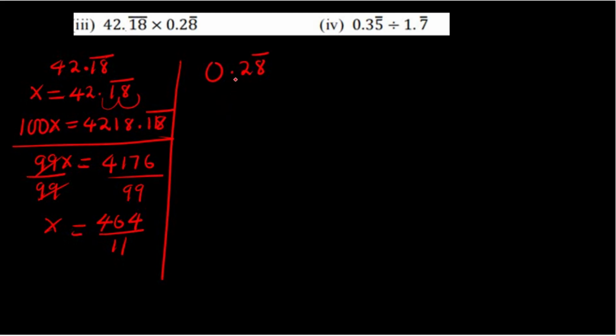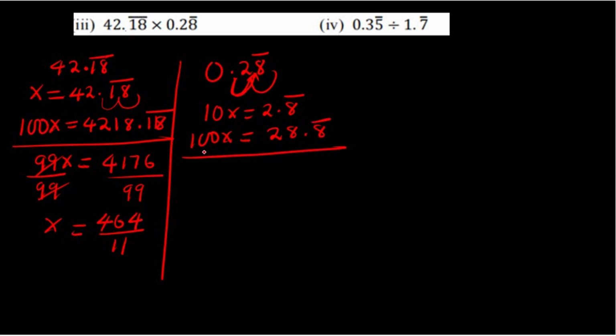What is repeating is 8. So what are you supposed to do in equation 1? We need to move this point to in front of the number that is repeating. So we have just moved 1. So it will be 10x equal to 2.8, like that. Then what do you do next? 1, 2. So it will be 100x equal to 28.8. Then 100x minus that.